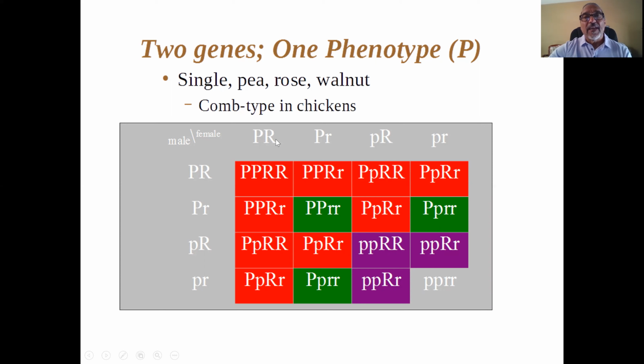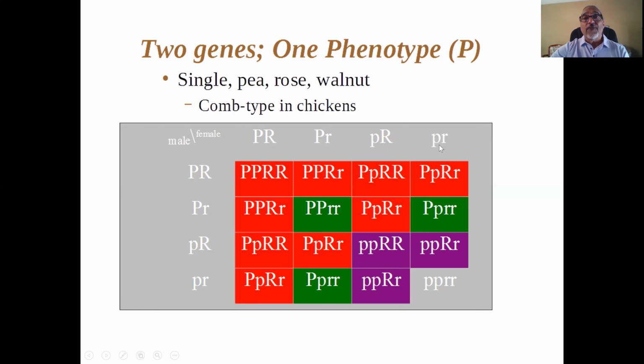So here we've taken an individual that is heterozygous at both loci, that is cap P, small p, cap R, small r. That individual is capable of making 4 different types of gametes: cap P cap R, cap P small r, small p cap R, small p small r.